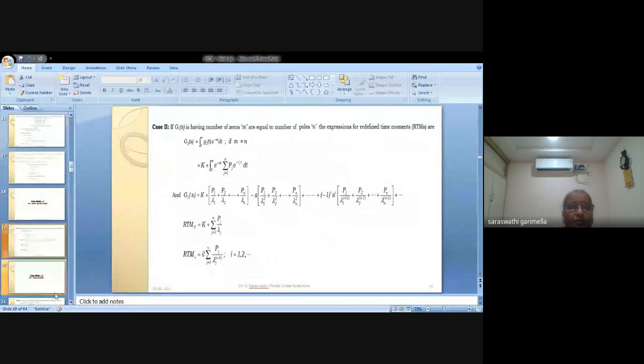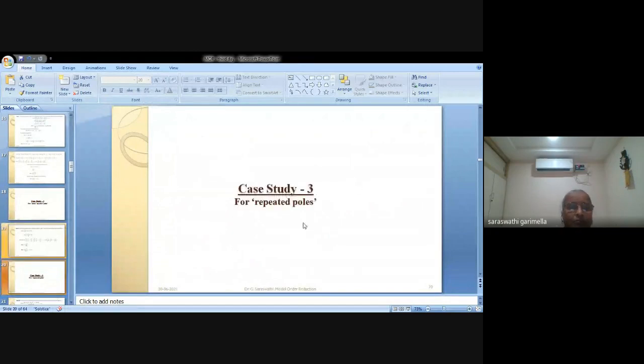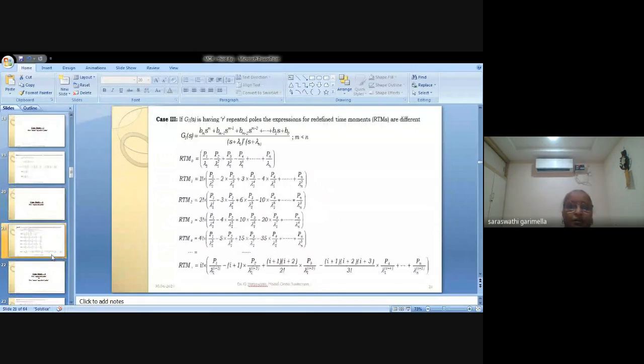This is for when n is equal to m. And case 3 means repeated poles. For repeated poles, when you do partial fractions, naturally you will get s plus lambda 1 to the power of r.